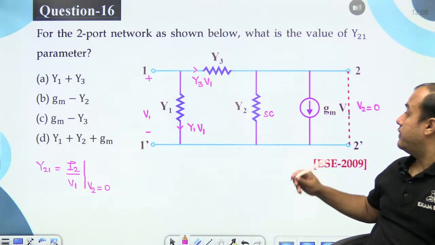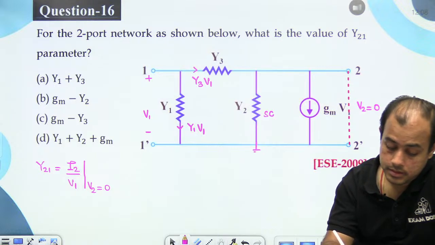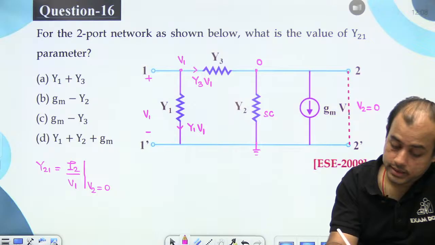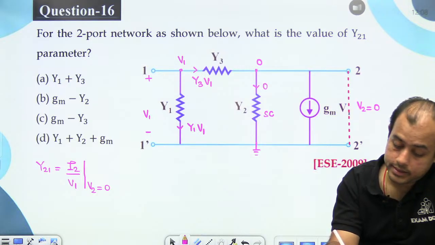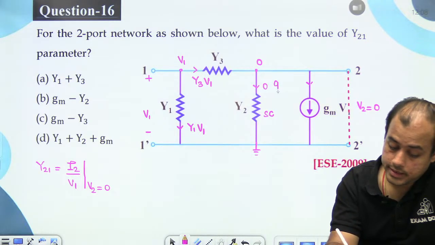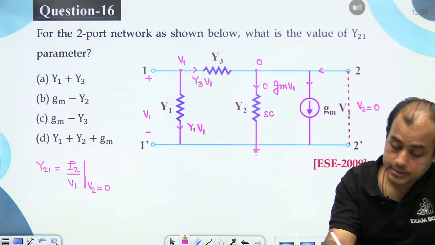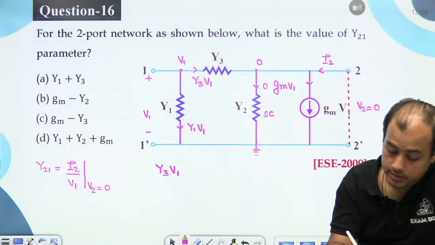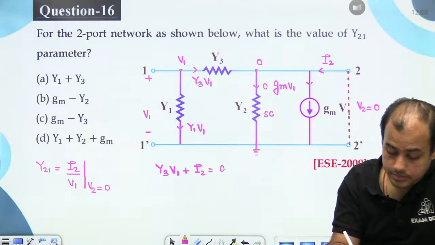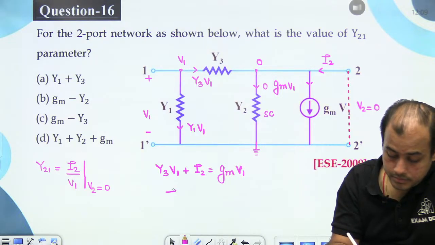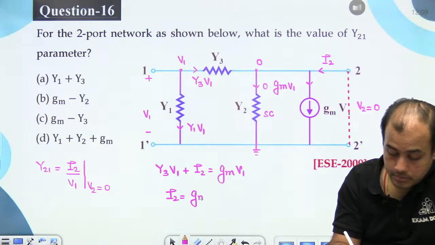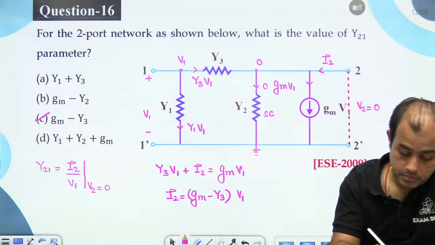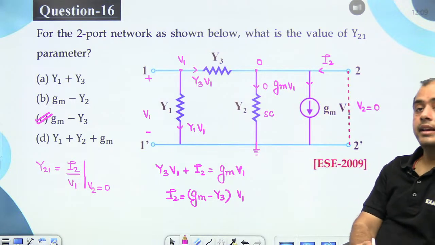Y3 V1. How did Y3 V1 come, son? The voltage here is V1, this is 0, so Y3 V1. Current here is 0. GM V1, this is I2. Apply KCL: Y3 V1 plus I2. Answer is C. Is the logic clear?